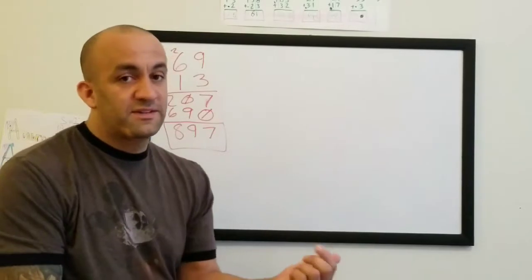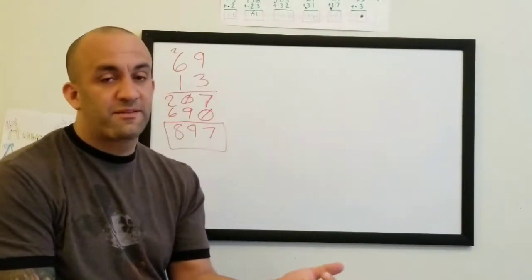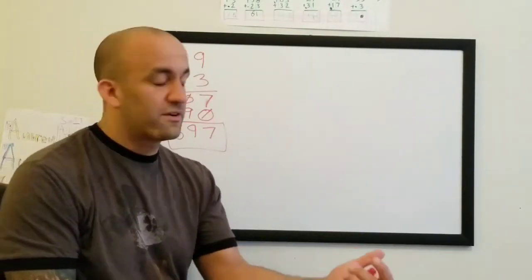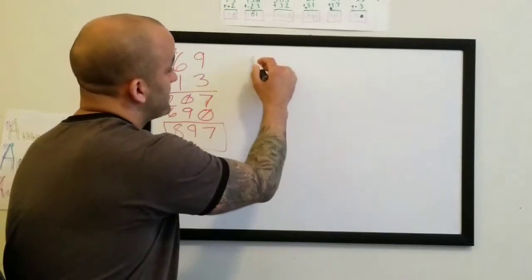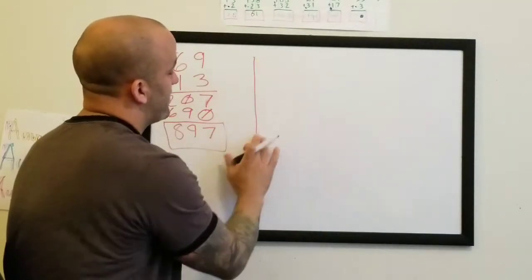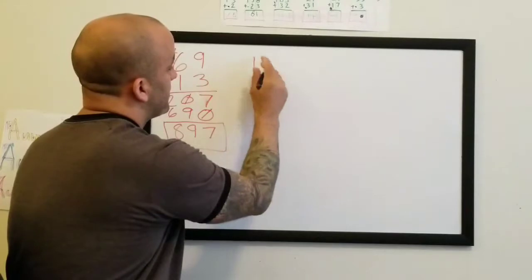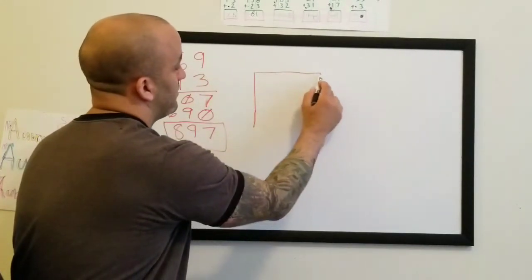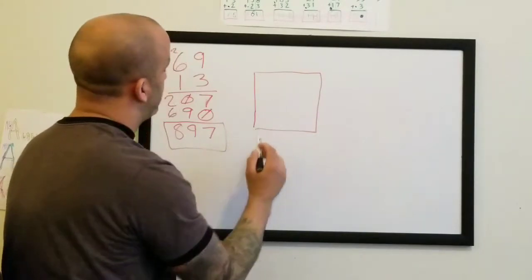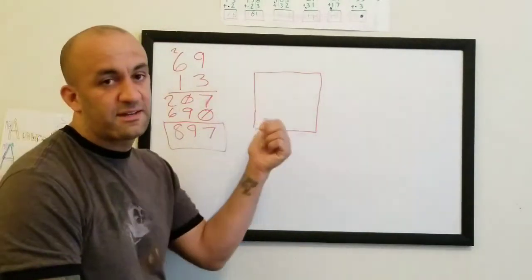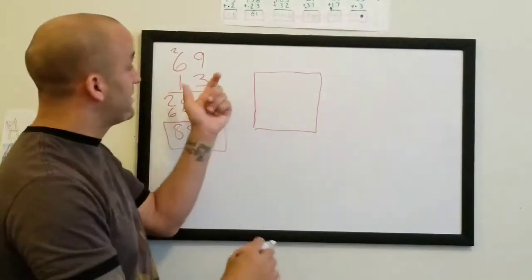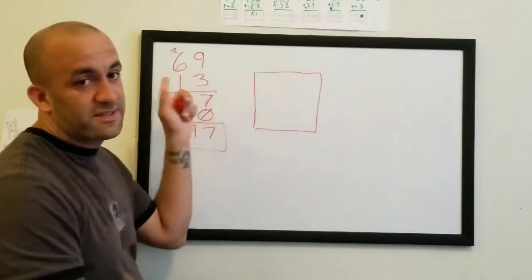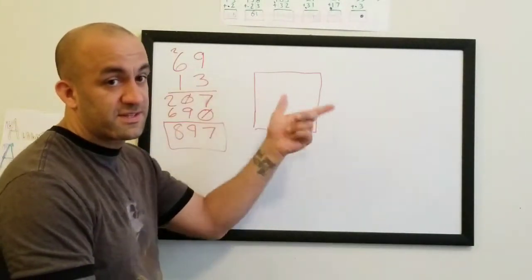The Common Core way is to use what's called area multiplication. What they do is draw this box. Now, if I want to solve 69 times 13, they break it into pieces. We know that 69 is nothing other than 60 plus 9.